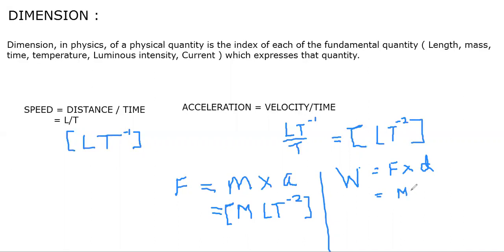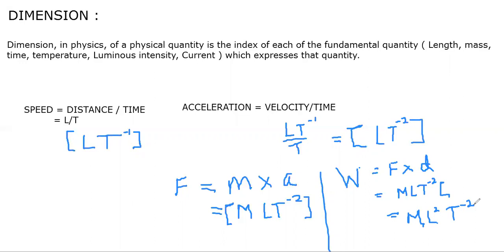Obviously length. So it becomes ML square T minus 2. This is the dimension of work. So just by doing this you can find dimension of every quantity in physics.